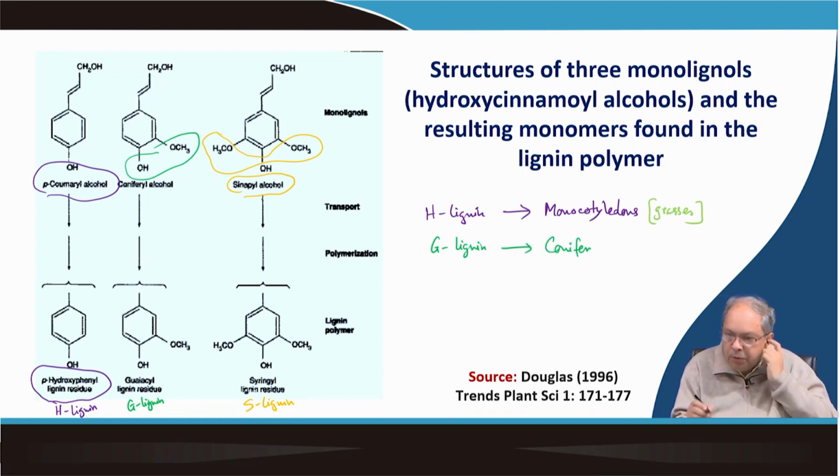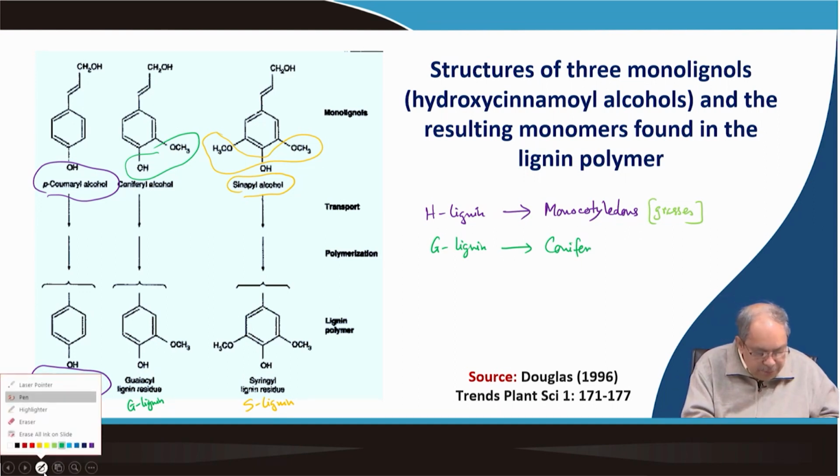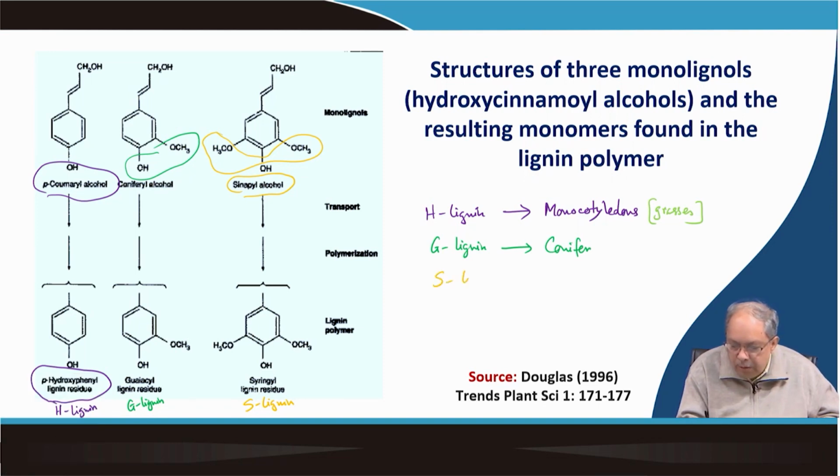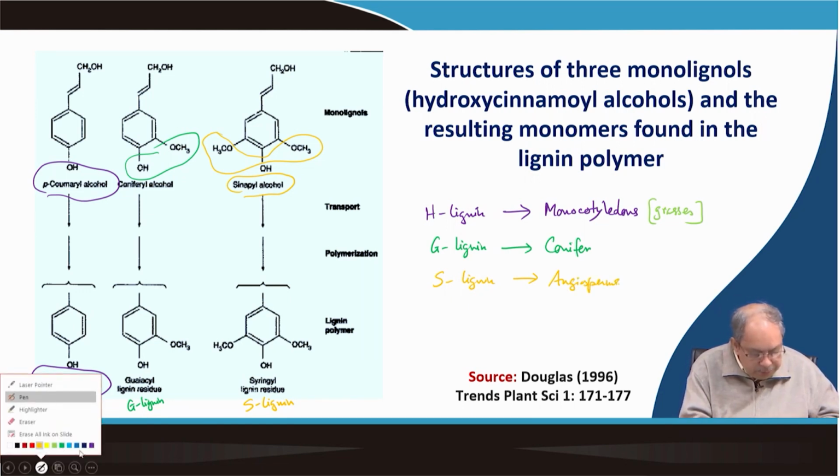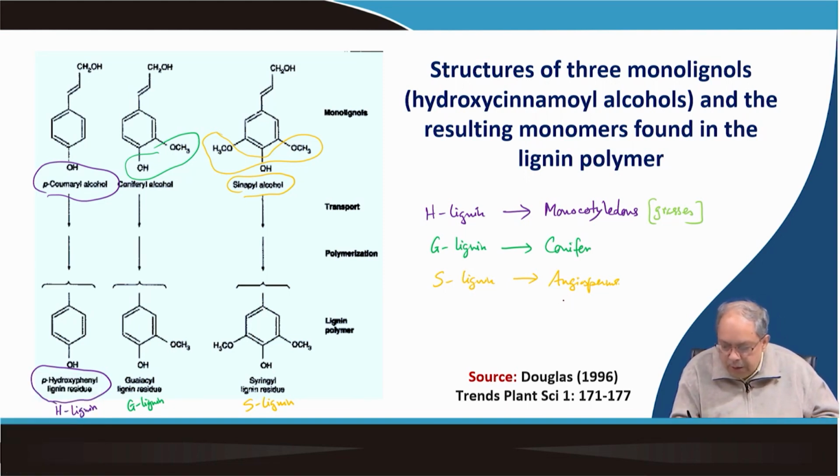So, conifer lignin is only G lignin, whereas S lignin you will find in angiosperms, where you will get a fine balance between S and G. Some H lignin is also present.